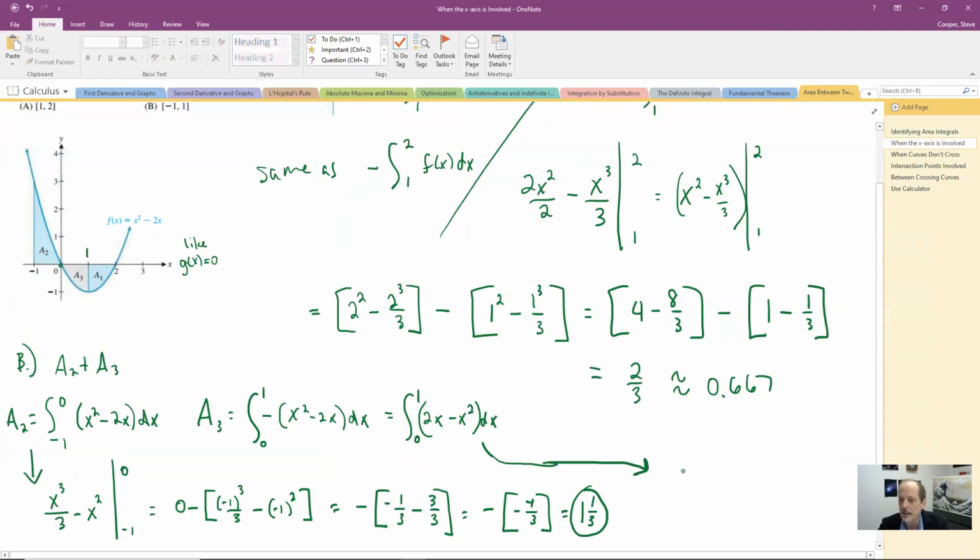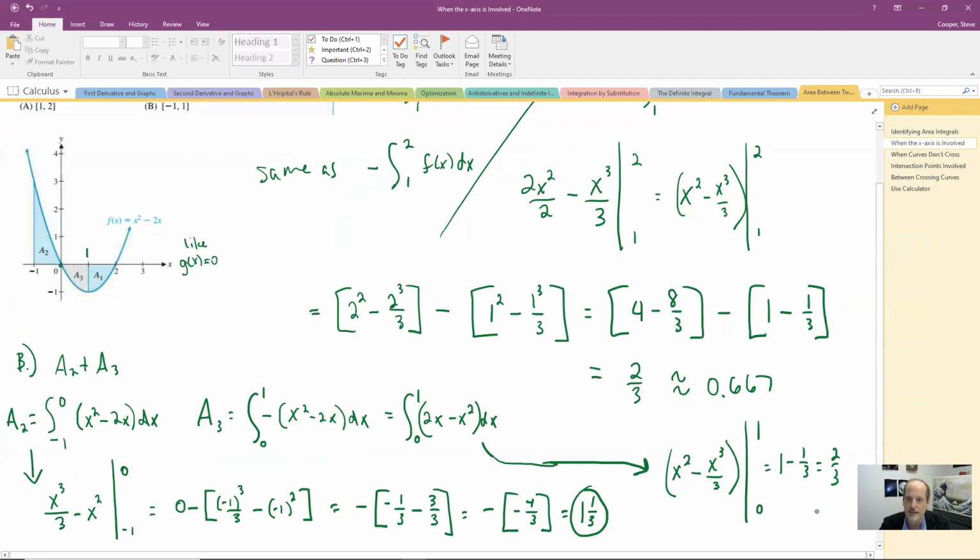We're going to get 2x squared over 2, so x squared minus x cubed over 3, running from 0 to 1. So that's going to equal 1 minus 1/3, two-thirds.